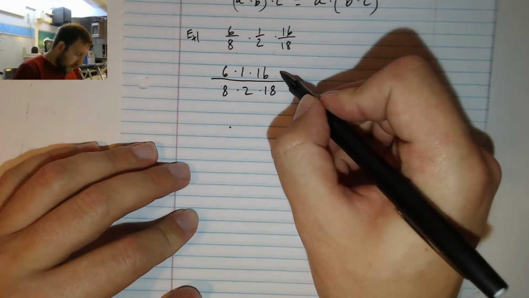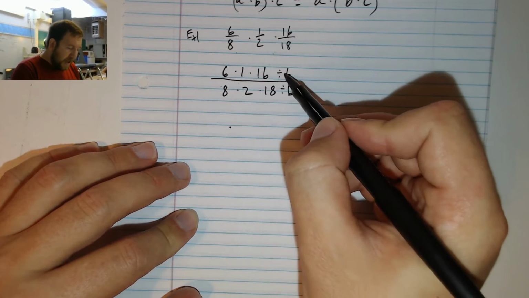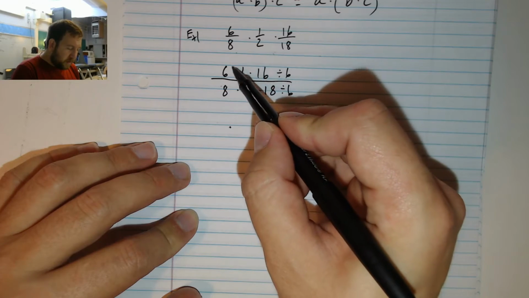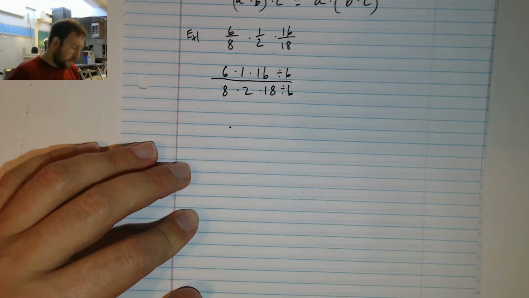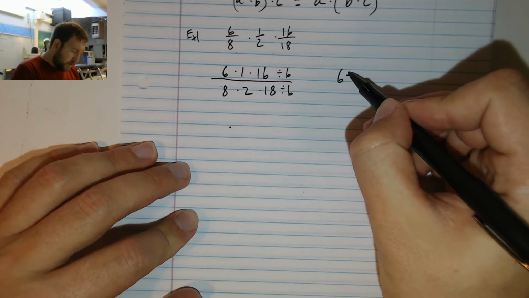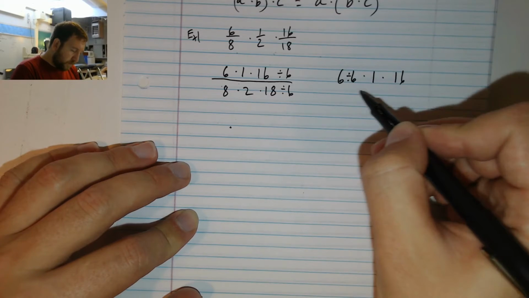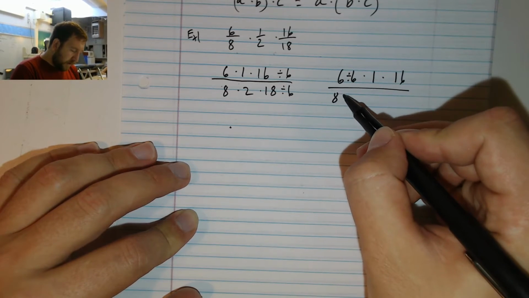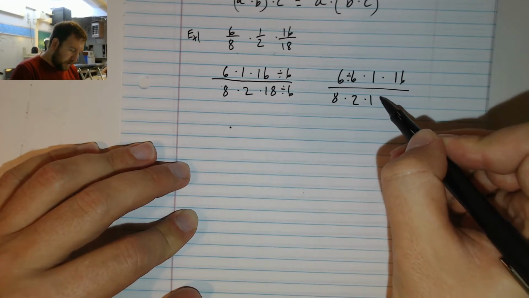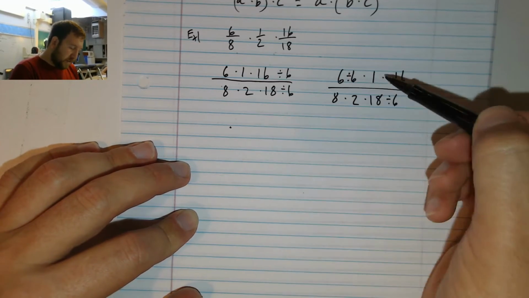So I'm going to put a little divided by 6, divided by 6. And now I can even move this divided by 6 over to this 6 using my flip-floppy properties. So I can say I have really 6 divided by 6 times 1 times 16 over 8 times 2 times 18 divided by 6. See how I put my divided by 6 inside?